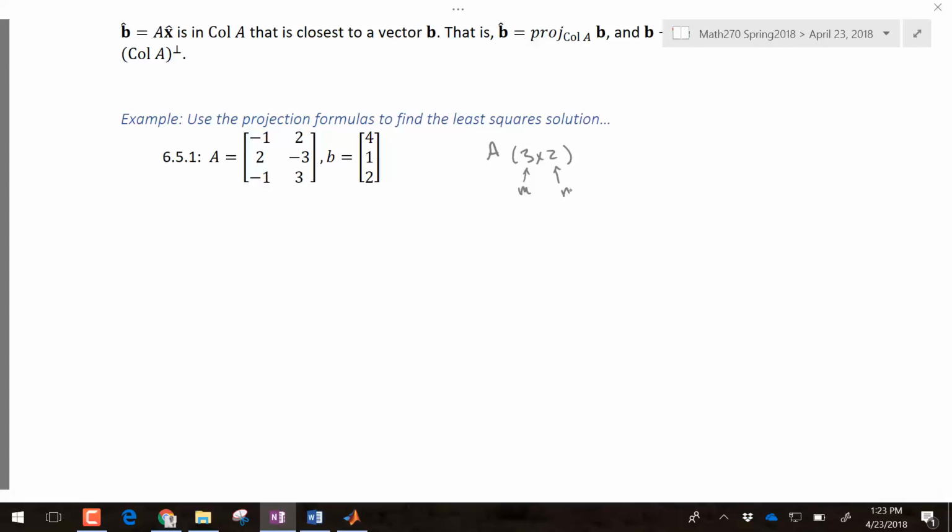So we're looking at a 3-dimensional space because the column space is in 3 dimensions. But it's only a 2-dimensional vector space in 3 dimensions. So let's just say that the columns are linearly independent.